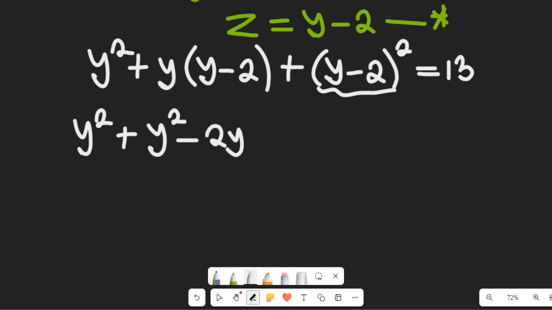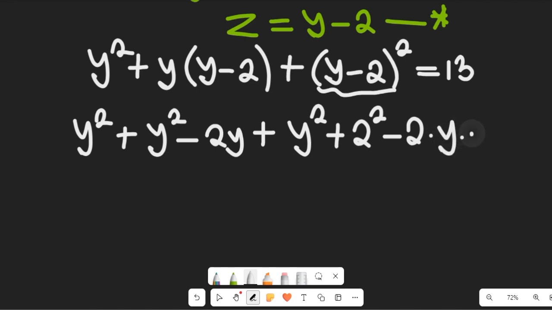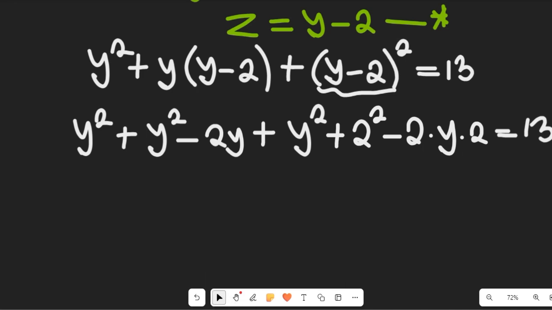From that expression, then if I expand this, I'm going to have plus y square plus 2y, then minus 2 multiplied by y multiplied by 2, right? And all this will be equal to 13. Great. Now, if we look at that expression very well, we can simplify further.